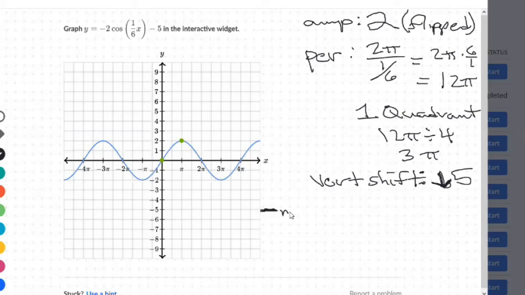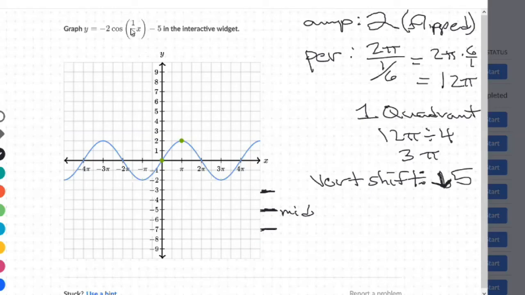So there's the midline. It's got an amplitude of 2. So 1, 2, 3, 4. Or oops, 1, 2. There, I can do that. And so that's the max and the min. So it's going to fall between these lines. Okay.